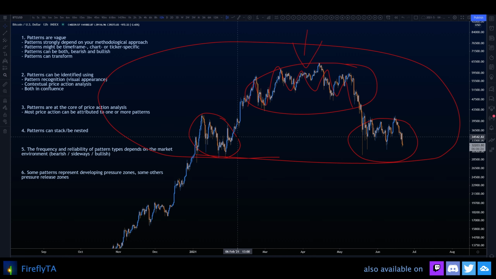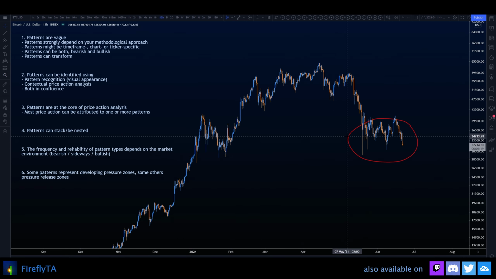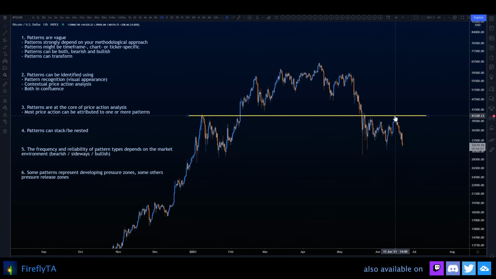You can find out if this is a true head and shoulder or not. You don't have to rely only on something that you see on the chart, because you understand what is going on here. This really looks like a perfect head and shoulder in terms of pattern recognition. You have this retest of this level. As you can see, it hit the perfect level.